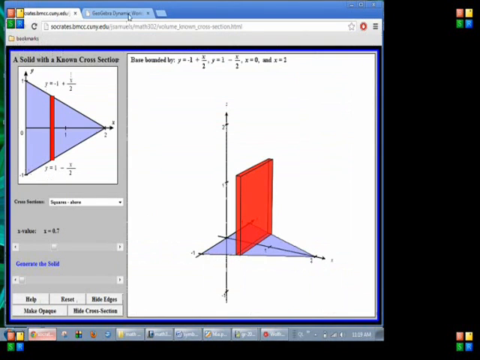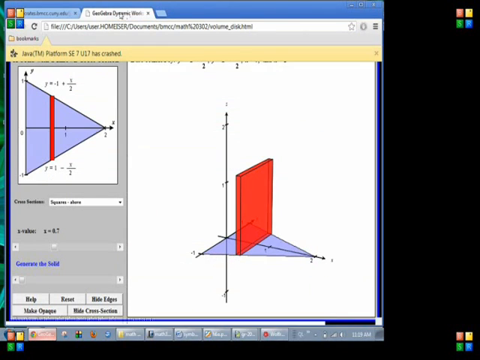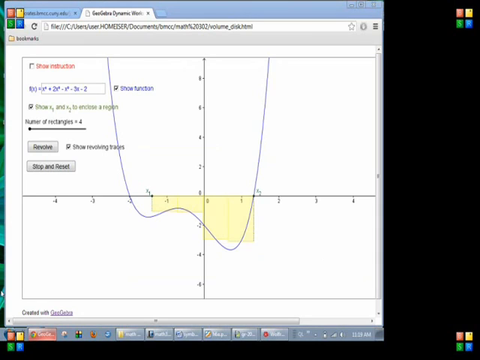To help figure that out, let's take a look. So here we've got this function, and we have a starting point and a stopping point. And we're going to say, well, let's approximate that region, that area with rectangles.